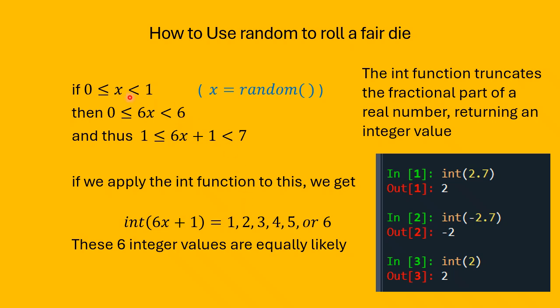If the value of x up here is greater than or equal to 2 but strictly less than 3, then the int of that number is going to be 2, and so forth. So these are equally likely outcomes, and so this is going to be how we roll a die and get the upper face being either 1, 2, 3, 4, 5, or 6, each equally likely.